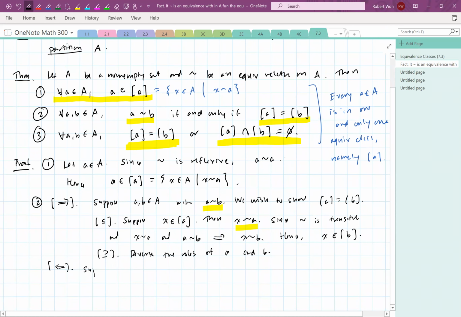Now suppose that the equivalence class of A is equal to the equivalence class of B. Well, by part 1, A is in the equivalence class of A, but the equivalence class of A is equal to the equivalence class of B. But since A is in the equivalence class of B, that means that A is equivalent to B by the definition of the equivalence class of B.